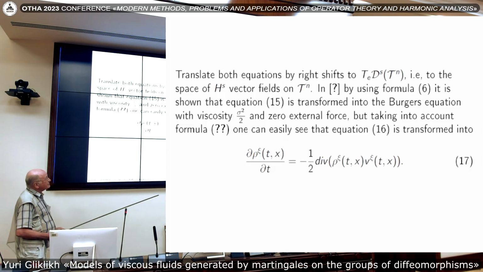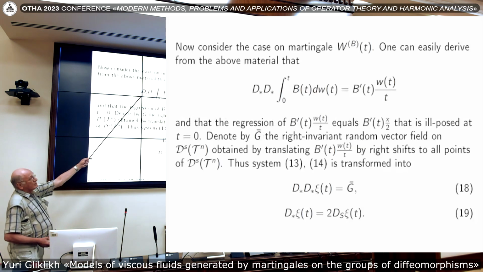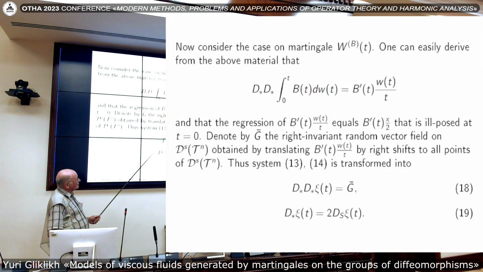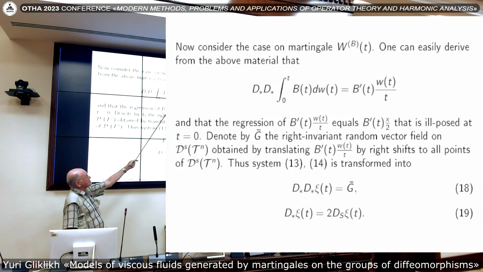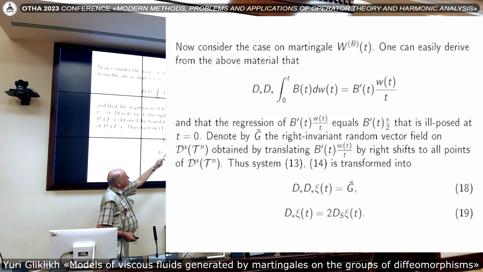The second martingale: by all formulas for conditional expectations, we obtain that the second backward mean derivative of this process is the derivative of b multiplied by w of t over t.